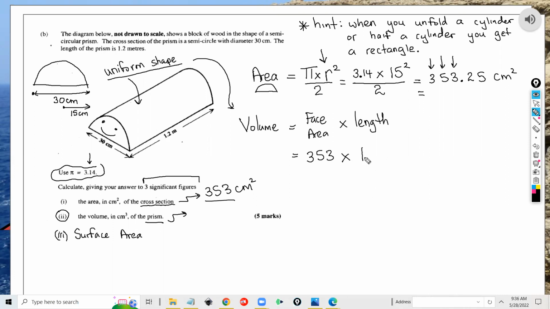Now, how much is the length of the object? 1.2. That's all you had to do, guys. And you would have gotten 423.6 centimeters cubed. But they wanted 3 significant figures, so it would just be 423 centimeters cubed.